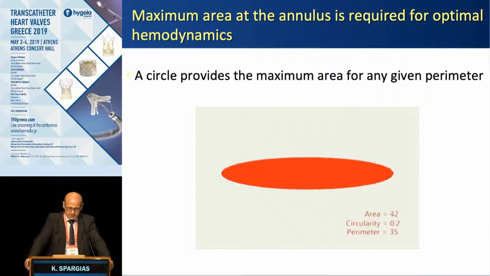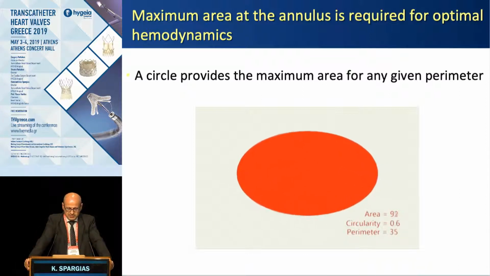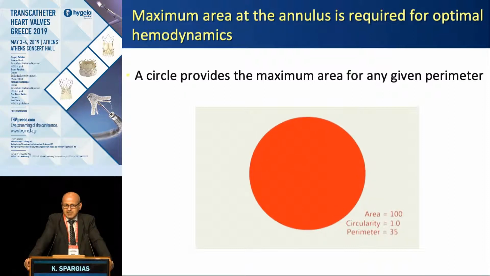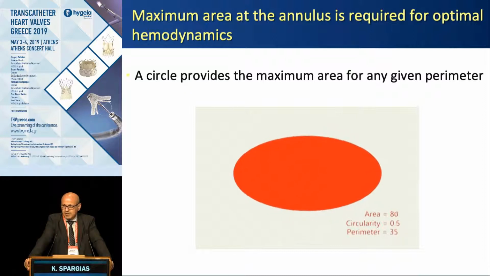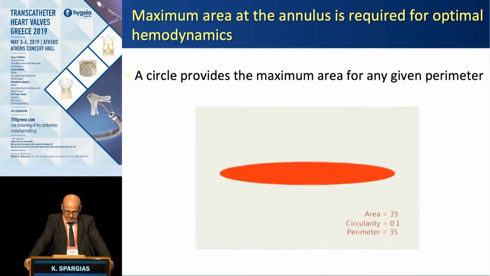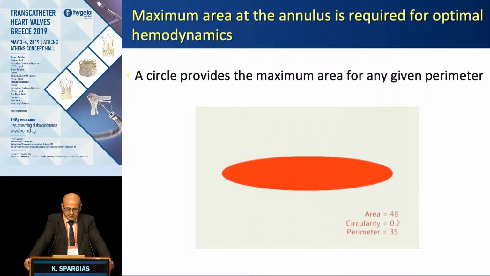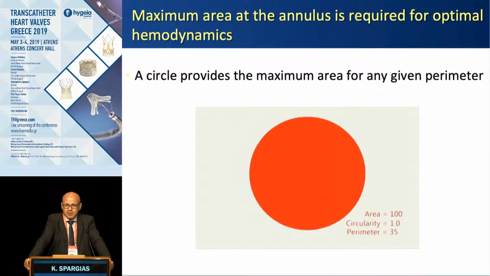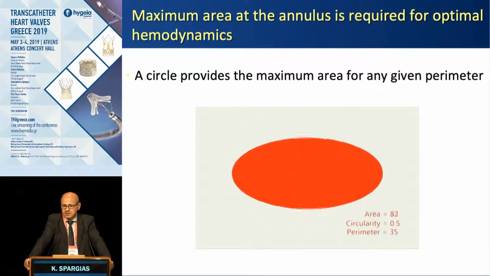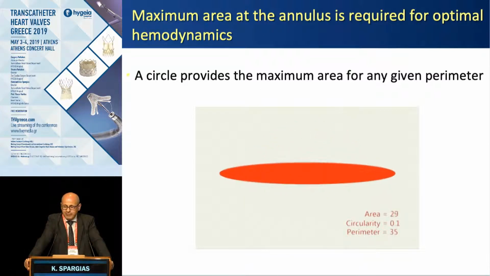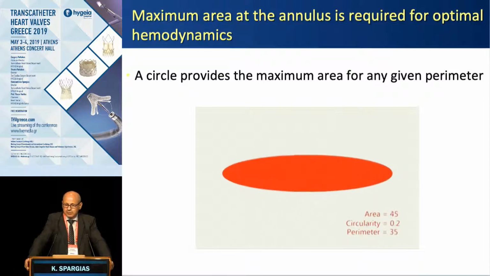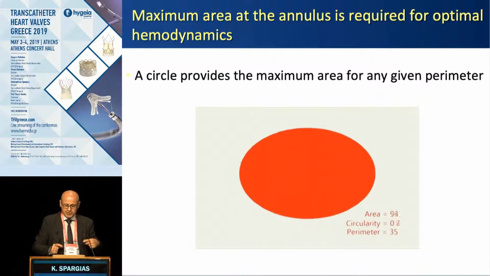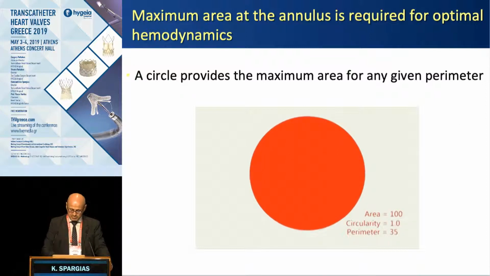So the maximum area of the annulus is always something that we're looking for, because the larger the annulus, the larger the benefit. And among different shapes, the circle is the one that always gives you the larger area when it moves from oval to circle while retaining the same perimeter.